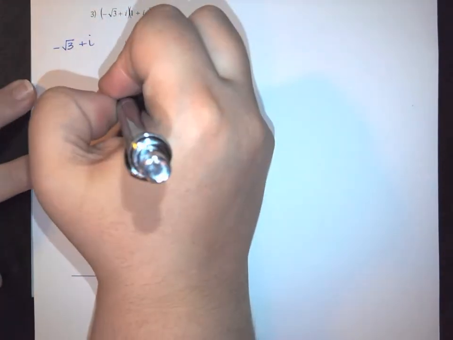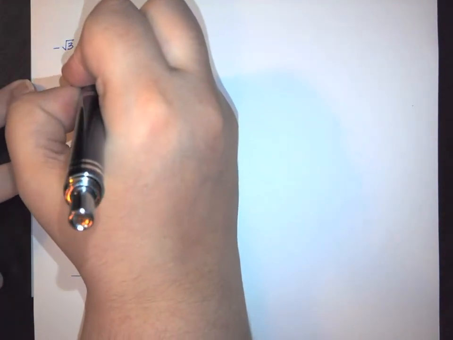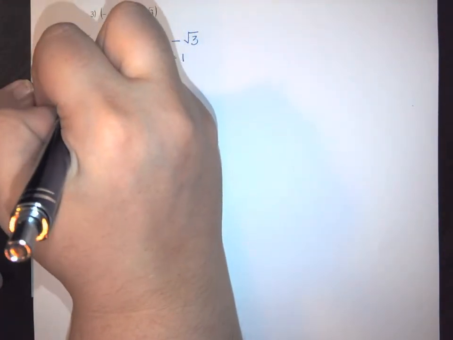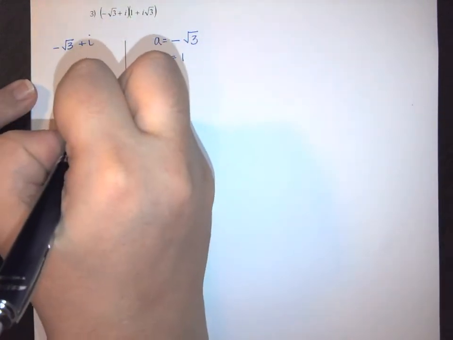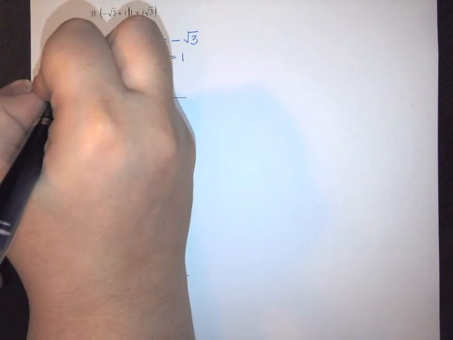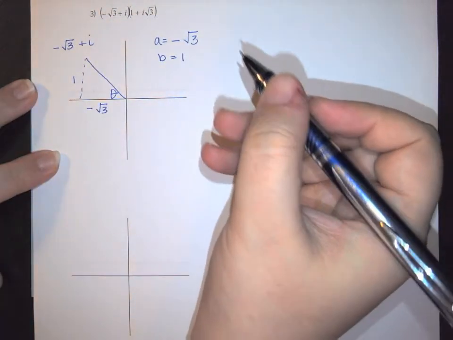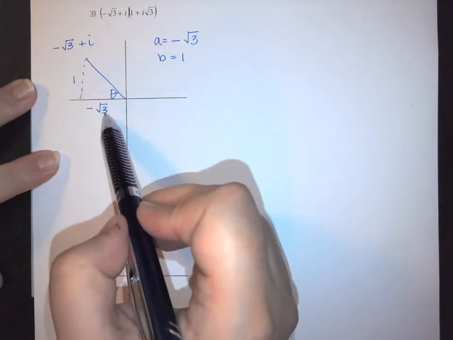So we're going to draw our little triangle here. We've got our angle here. This is the negative square root of 3. My y is 1.